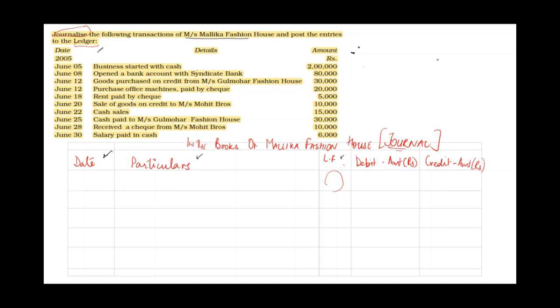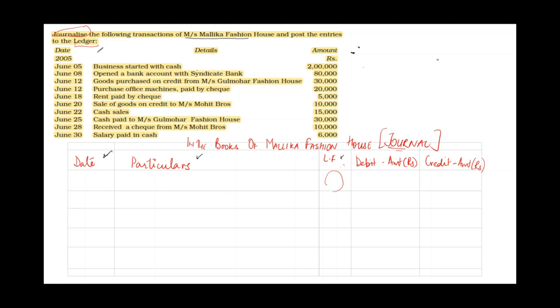My debit should always tally with my credit. Now there are few transactions, so we'll be able to tally it, but if the transactions are more, sometimes we tend to make mistakes in debit and credit postings, so these two columns don't tally. So let's begin with this set of transactions.